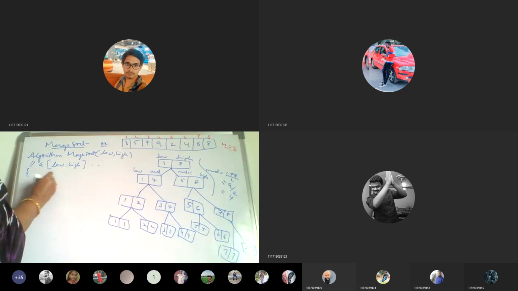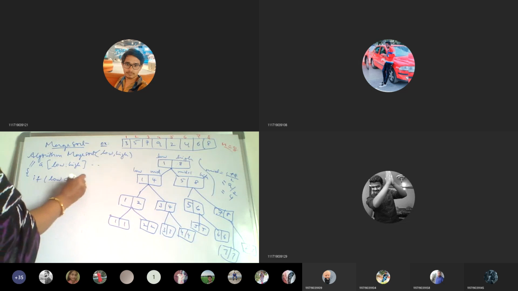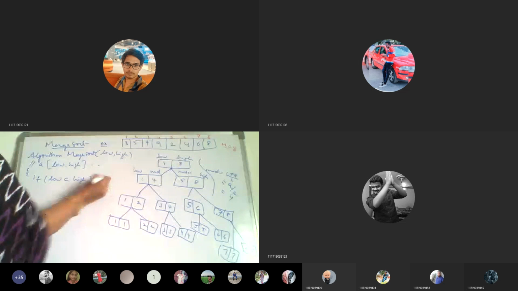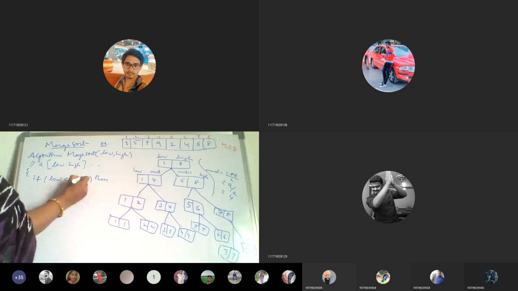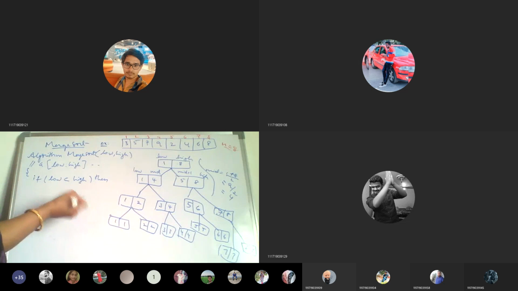So if low is less than high, then what we are going to do? Low less than high means there is more than one element. More than one element means it's a big problem, and that big problem has to be subdivided.